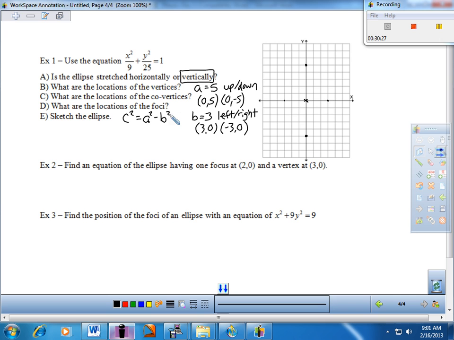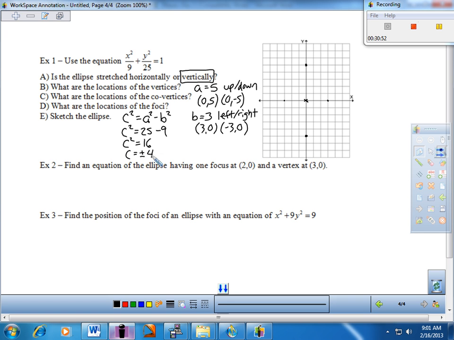There's the relationship that we developed on the front side. c squared is a squared minus b squared. And so everybody, let's go ahead and just do 25 minus 9. Nice and easy, isn't it? Because a squared and b squared are those numbers. So I'm getting c squared equals 16. And c is officially, I'm going to put the plus or minus in just because both directions. You could just write c as 4 if you really want to, but I'm going to undo the square and just think of it as 4 one direction and 4 the other direction.